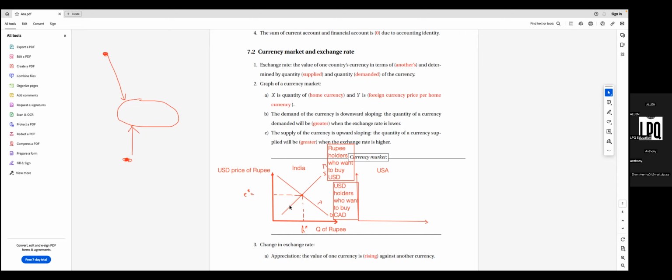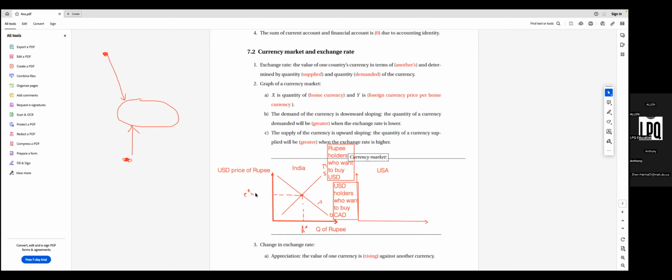Okay, if you Google that, currently, so if we convert one rupee into American dollars, okay, this is a real number.